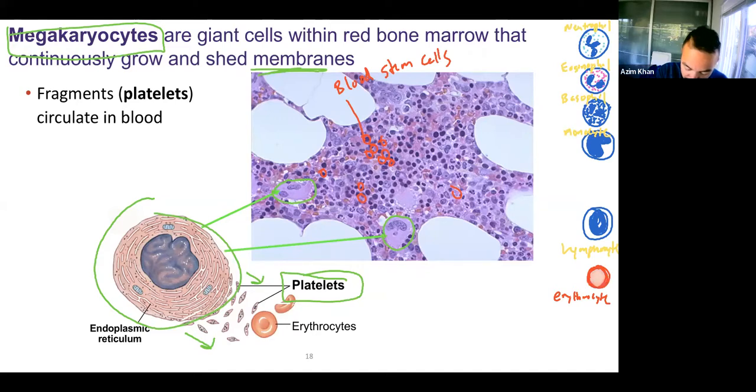A platelet would just be a small, tiny fragment compared to an erythrocyte because they're just fragments of cells. When you look at them under the microscope, sometimes you might think, oh, it's just debris, but those are actually platelets. They're really, really small.